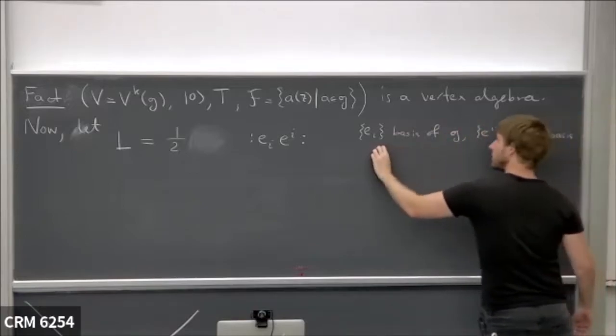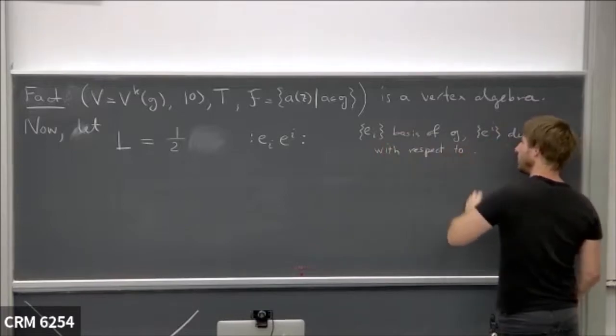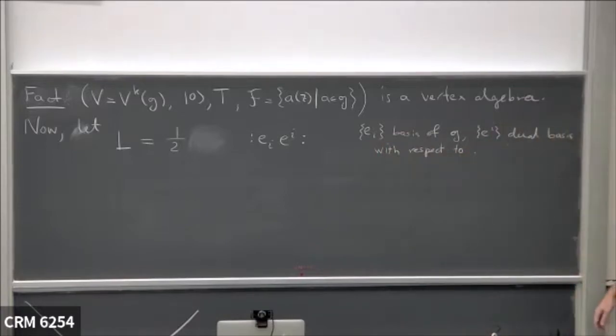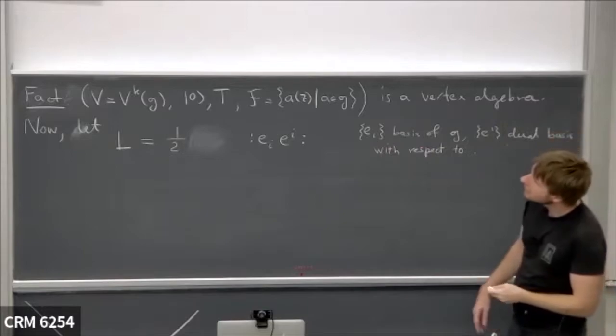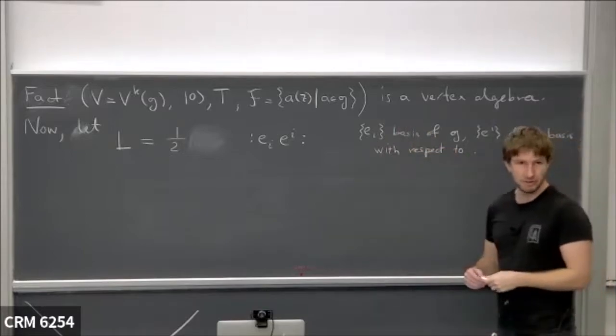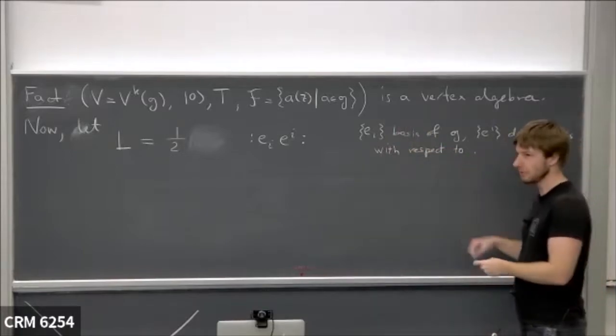Dual basis with respect to, well, okay, so now I'm going to assume that this bilinear form that I started with is non-degenerate so that I can take the dual basis with respect to it.